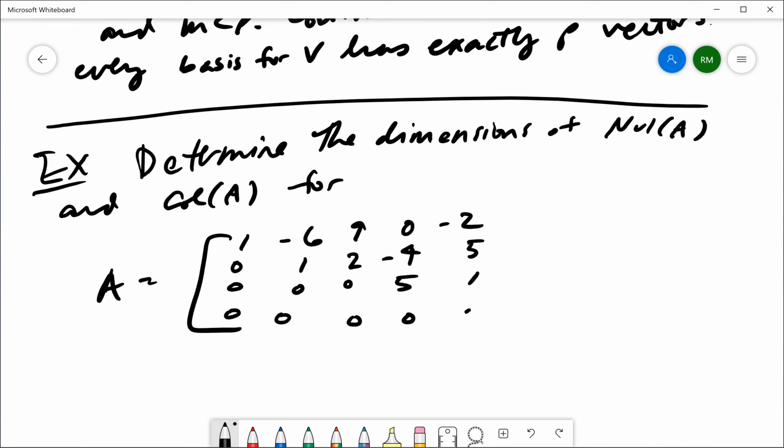All right, so pause the video and calculate what's the dimension of the null space and what's the dimension of the column space, just for some practice. All right, now you've had a chance to do that.